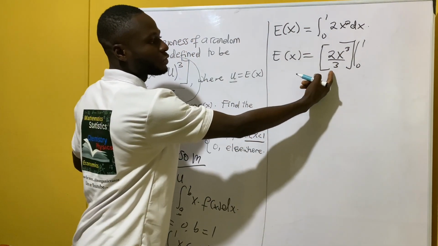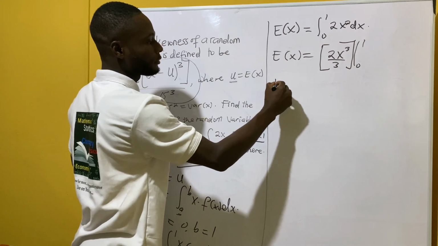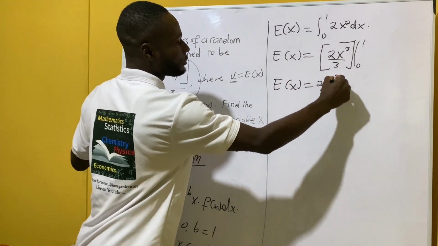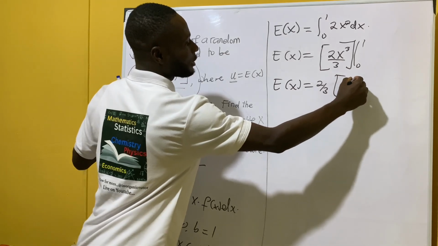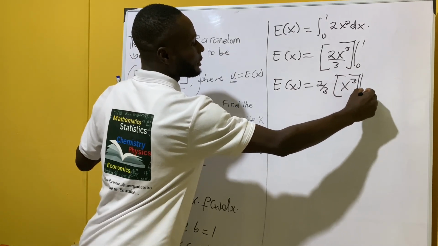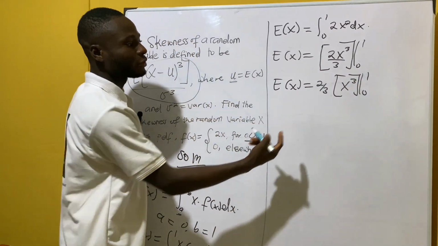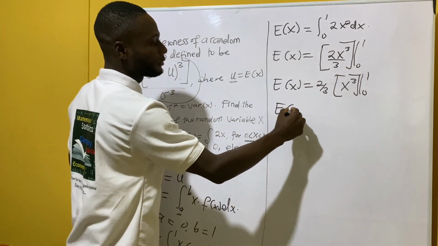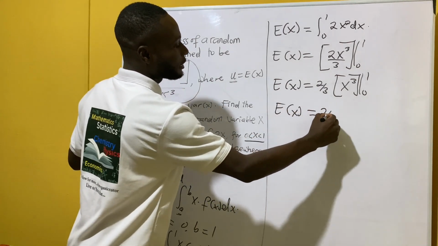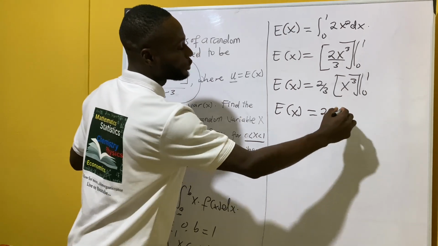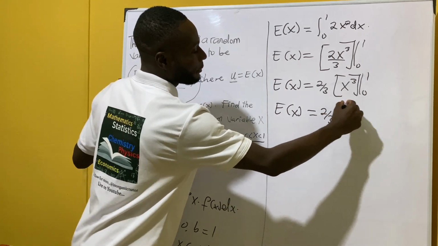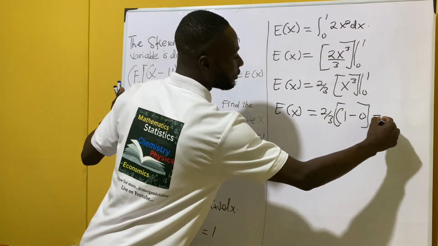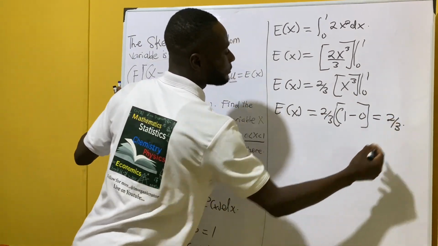So now let's bring the 2 over 3 out, x cubed on the limit 0 to 1, right? So now we can put in the limits. So we have expectation of x as 2 over 3 into 1 minus 0, right? So we have expectation of x as 2 over 3.